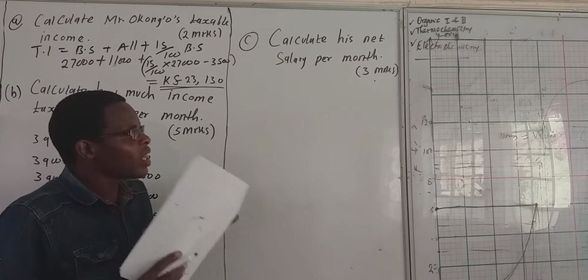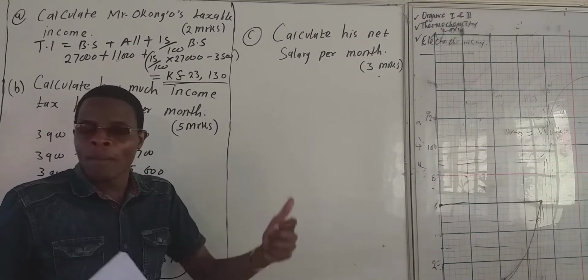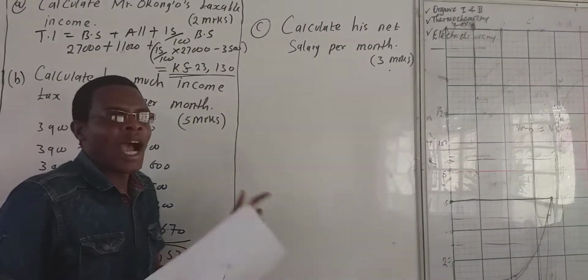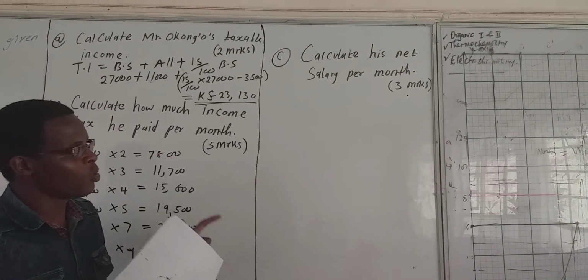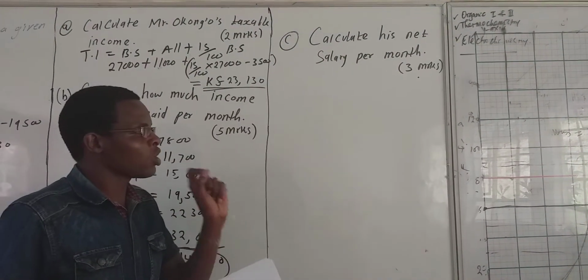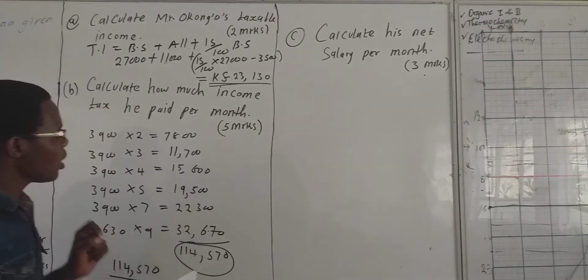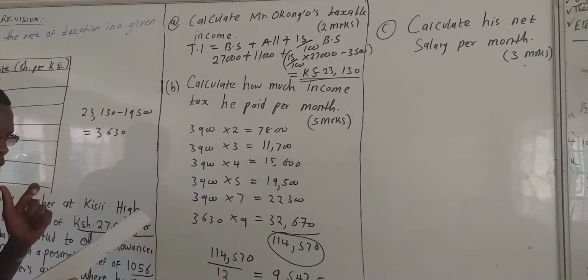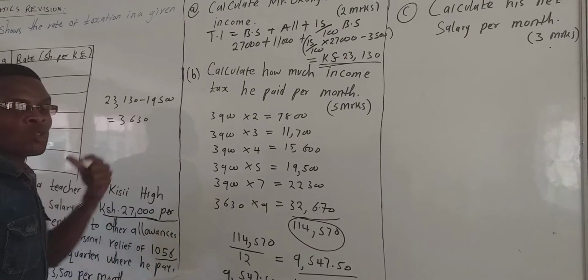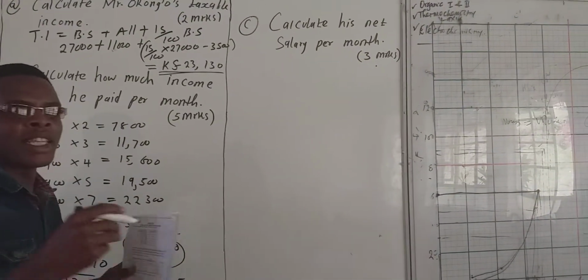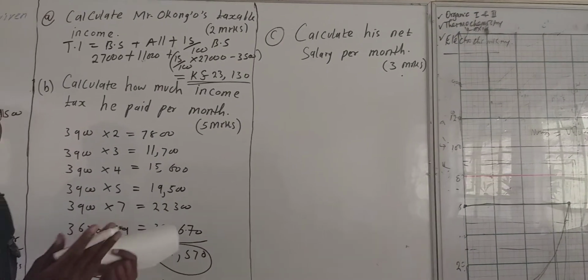Now, when we talk about the net salary, this is the total amount of money you remain with after all of the total deductions have been made. Now, what is the total amount of money this Mr. Okomo is earning? For us to find the total amount of money he is earning, it is the basic salary plus the allowances.